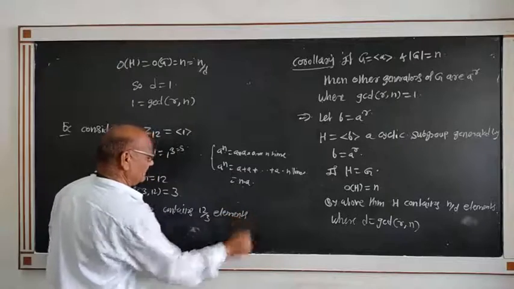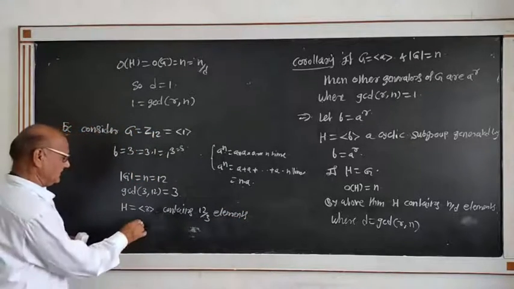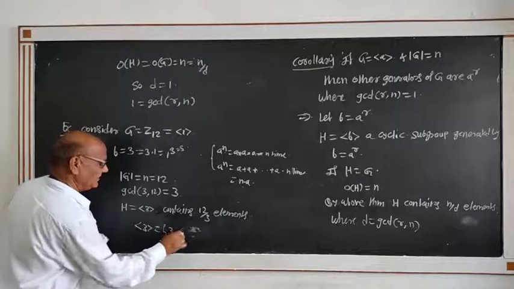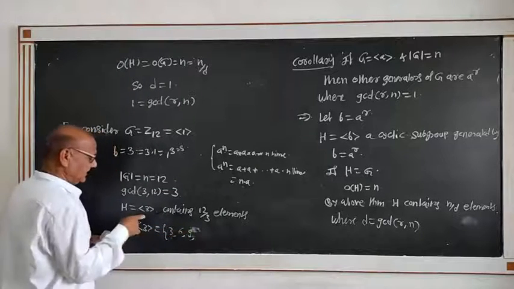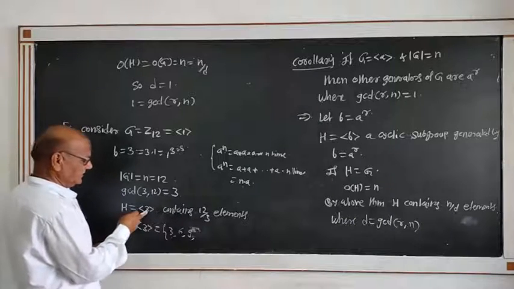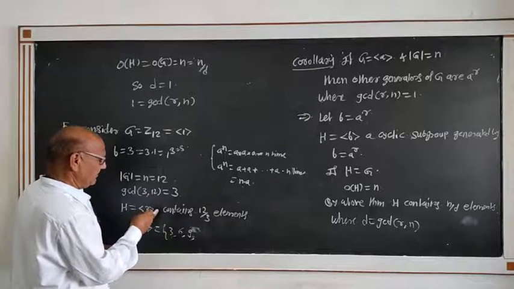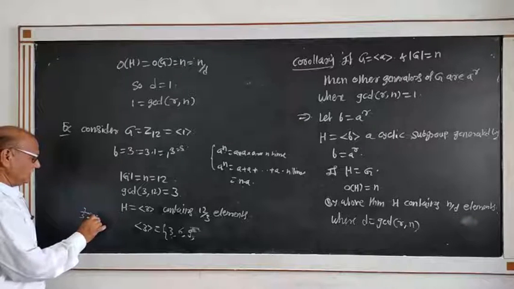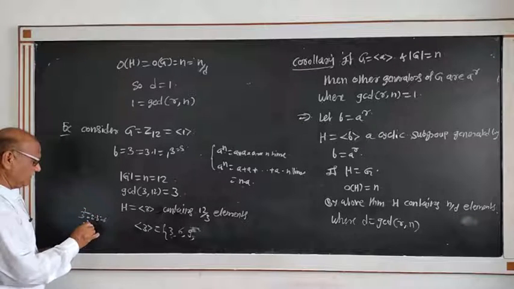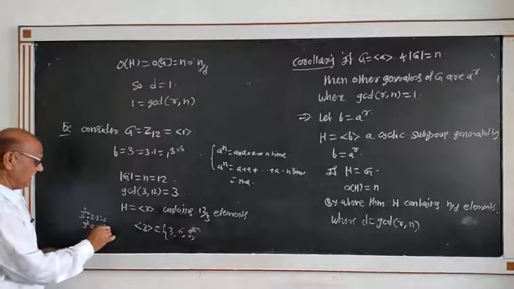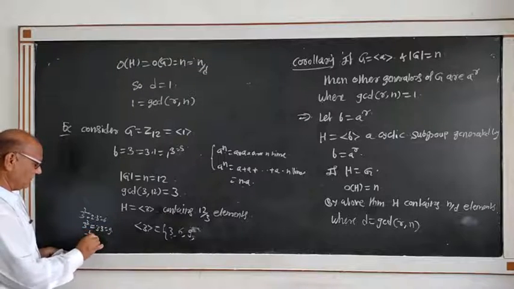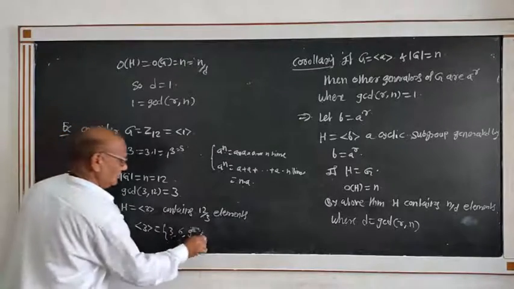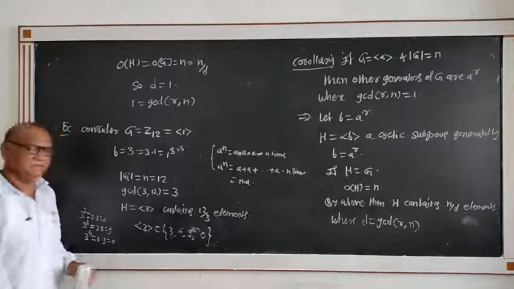That means 4 elements. Here the 4 elements are 3, 6, 9: 3 to the power 2 gives 2 into 3, 6; 3 to the power 3 is 3 into 3, 9; 3 to the power 4 is 4 into 3, 0. 0 means identity, like this.